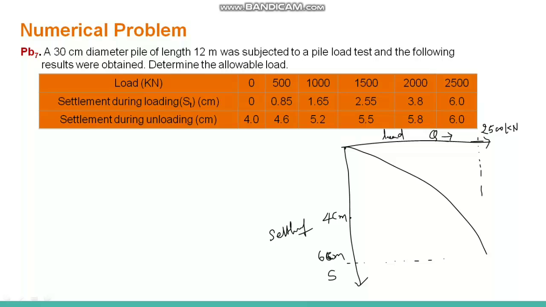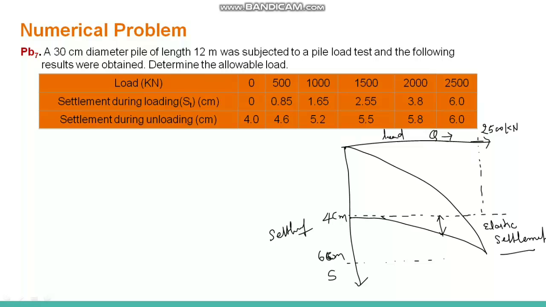You can see the table like this. Just draw a horizontal line so that you can get the rebound. So at this point, what is the rebound? Whatever this interval is will be the rebound, or we can say elastic settlement.